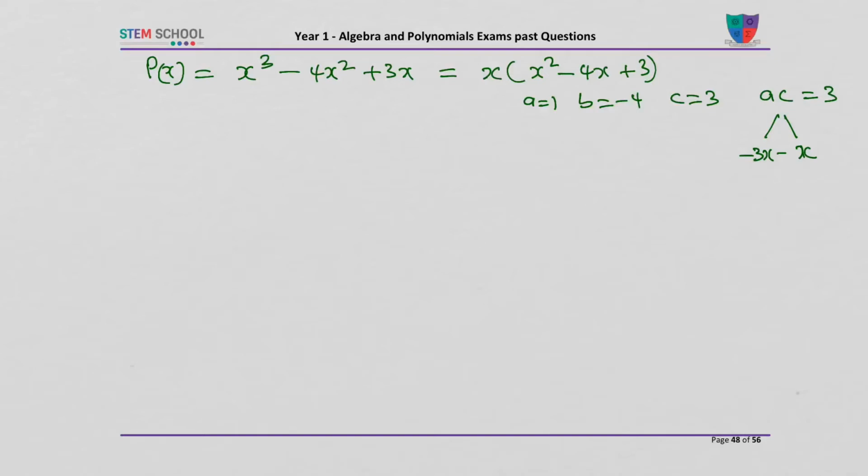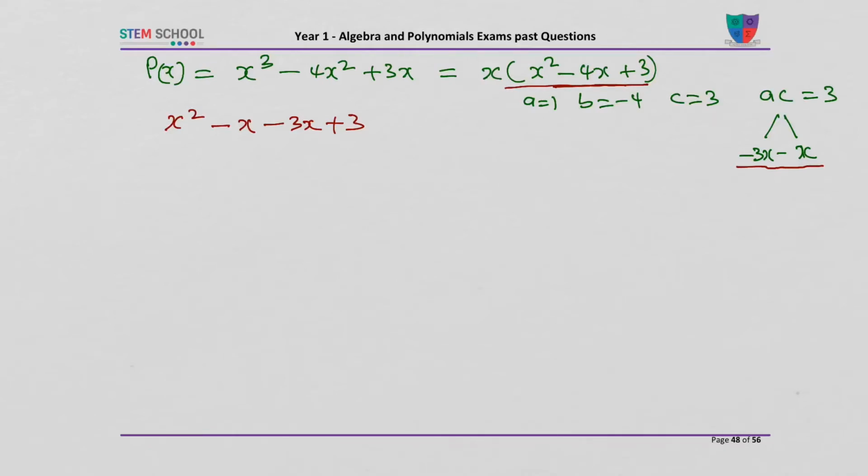Now I can replace minus 4x with minus 3x minus x. So x squared minus x minus 3x plus 3. I'm writing the whole thing out for the quadratic part.